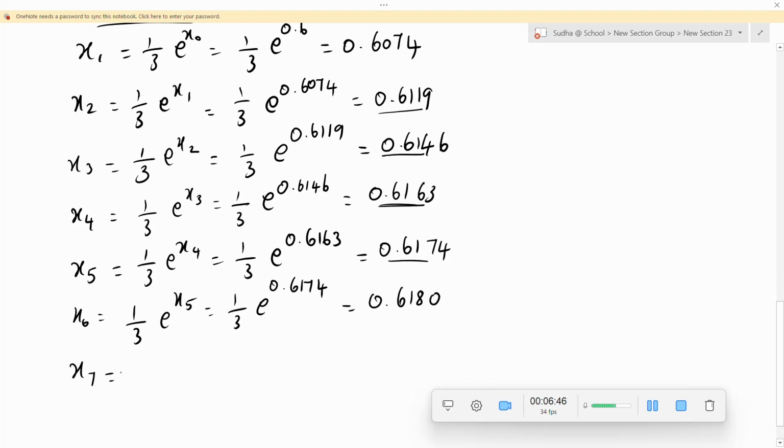Next to find x7, 1 by 3 e to the power x6, the x6 value 0.6180. Simplifying, we get 0.6184. Now three decimals are repeated, x6 and x7. Exactly three decimals are repeated. So we will make just one more iteration, then we will get exactly four decimals.